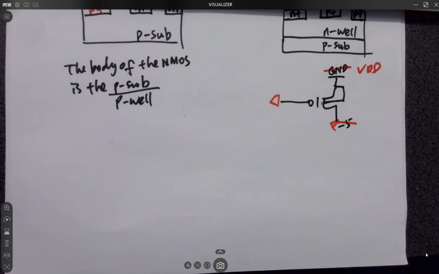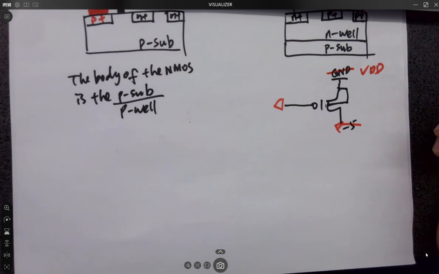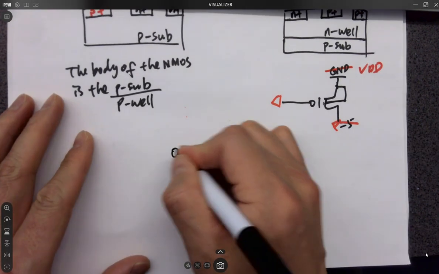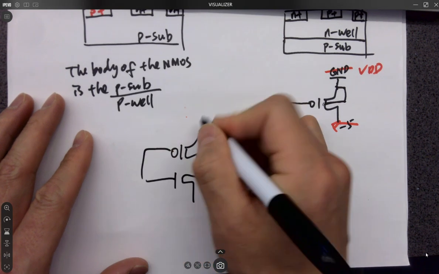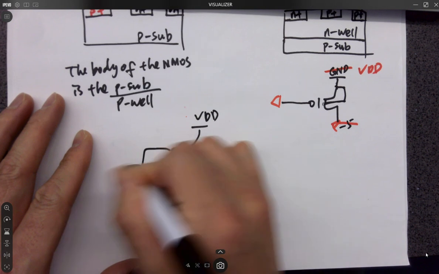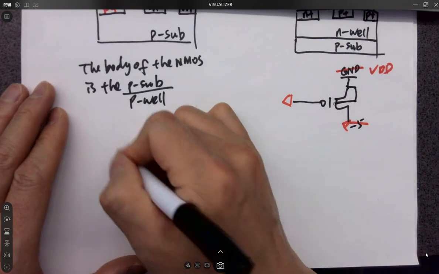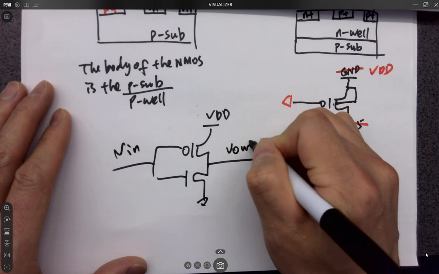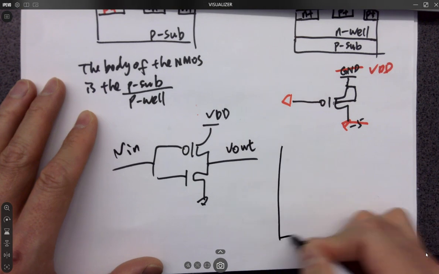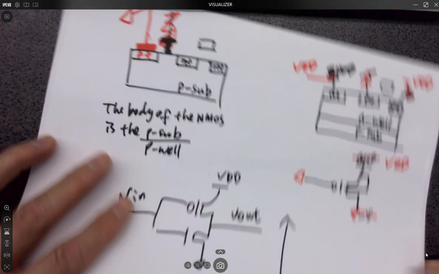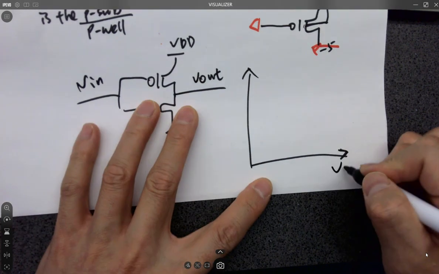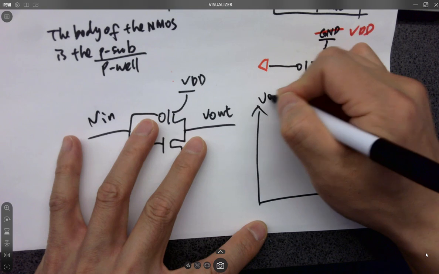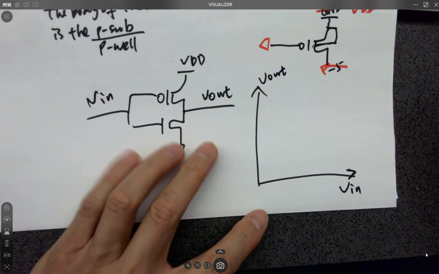Okay. So for the inverter, let me draw this schematic again. V in, V out. And I'm doing a DC sweep of V in.